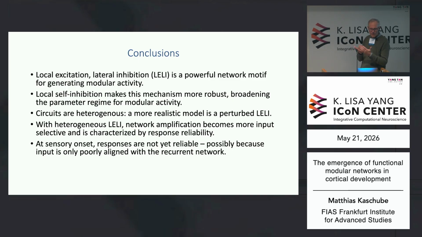And so it is not amplified well by the cortex yet, because it is not aligned to the cortical recurrent circuits, and that could explain the high response variability.